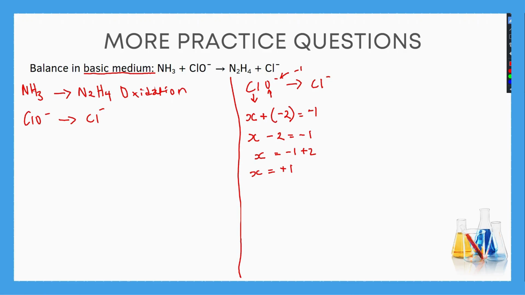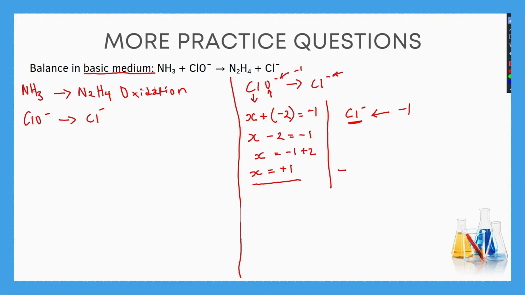So the oxidation number of chlorine in this molecule here is +1. Now, on the other hand, we have Cl minus. The oxidation number of chlorine on the right hand side is simply equal to the overall charge, because it is the only atom there, which is -1.